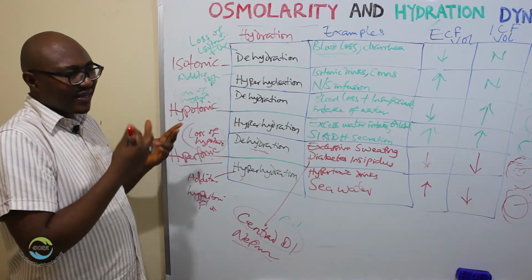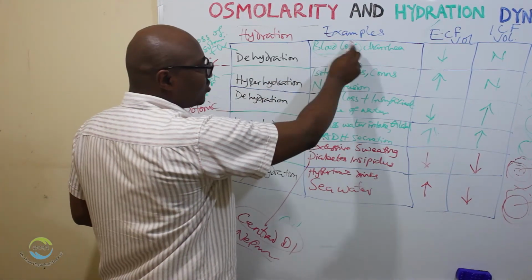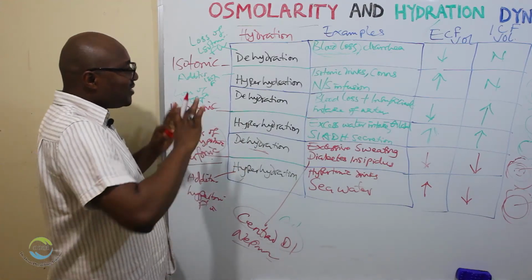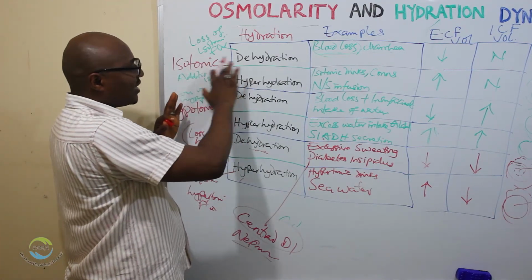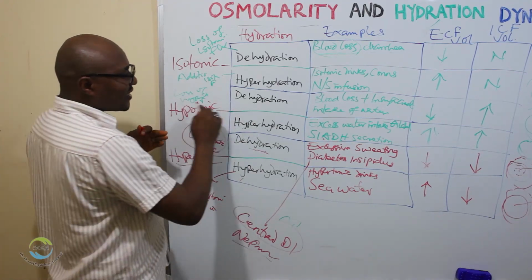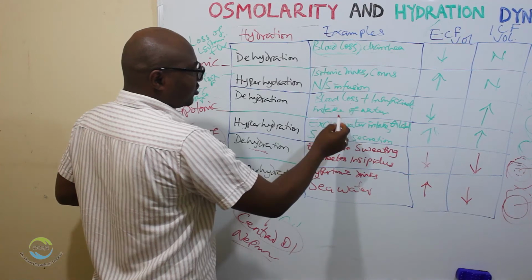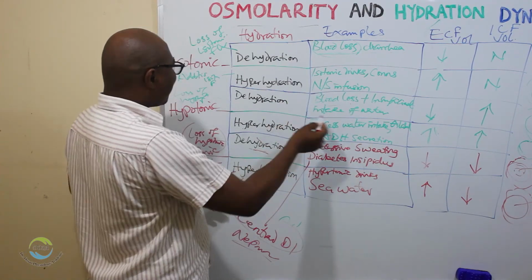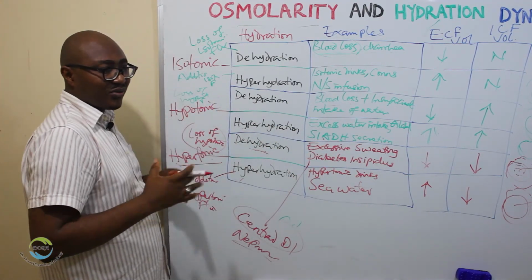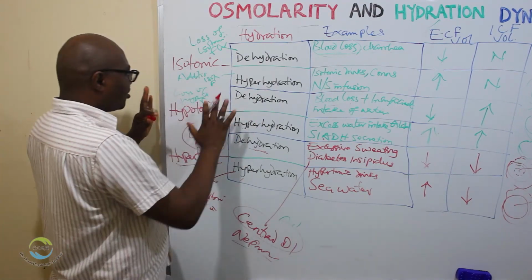So that can give you an idea. And note that even in blood loss, when you lose blood, immediately it is isotonic dehydration. But over time, when you now drink water, which we said can happen here, it will now make it hypotonic. So whenever there is blood loss, you can tilt. So you know what to do in such situations.